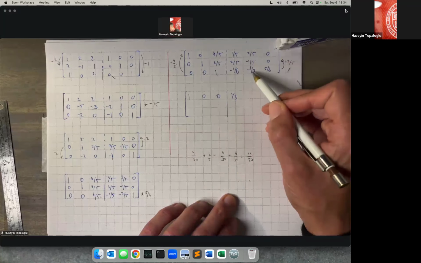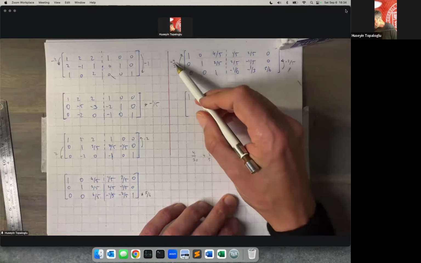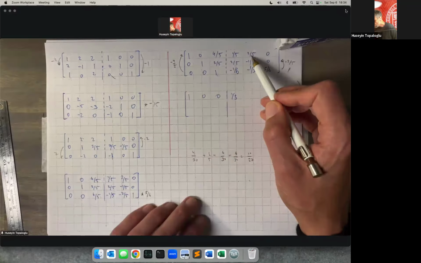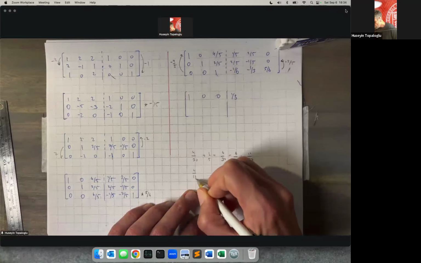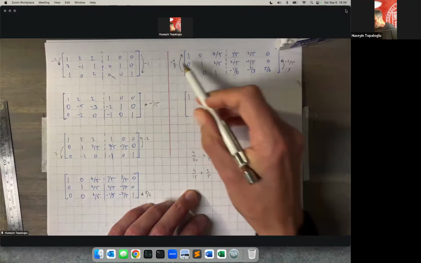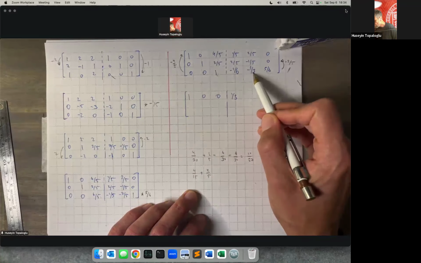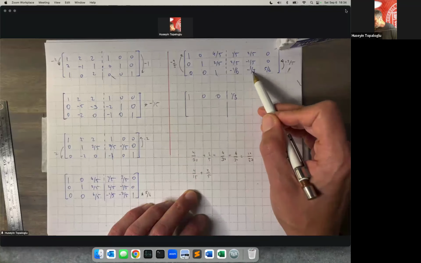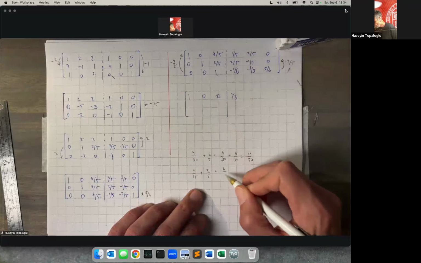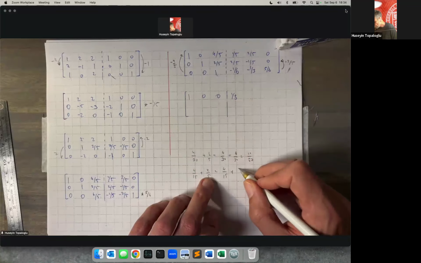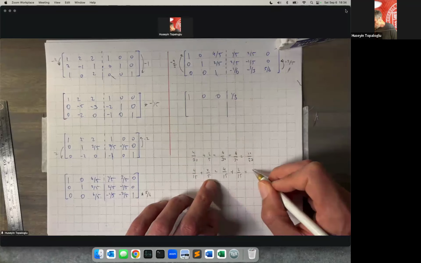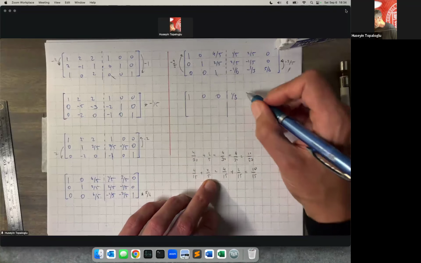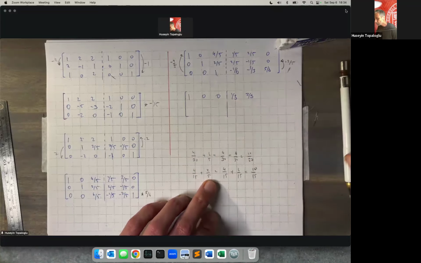Let's take care of this one. That is 1 over 3 minus 1 over 3 times minus 4 over 5. That is 4 over 15, plus another 2 over 5. 4 over 15 plus another 6 over 15, that is 10 over 15, and that is 2 over 3.